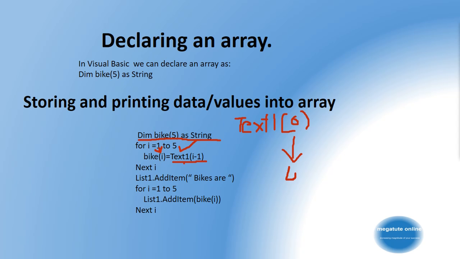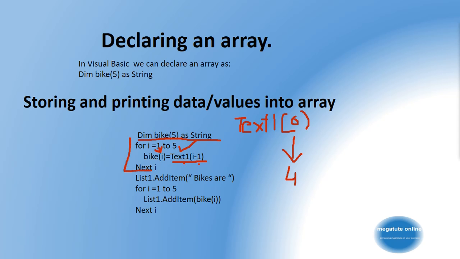So for that reason, since the first text box index value is 0 and my first I value is 1, I will say I minus 1. So for the first time it will be Text1(0). And then when the value of I becomes 2, this will be 2 minus 1, 1, and so on. It will handle all the text boxes from 0 to 4.